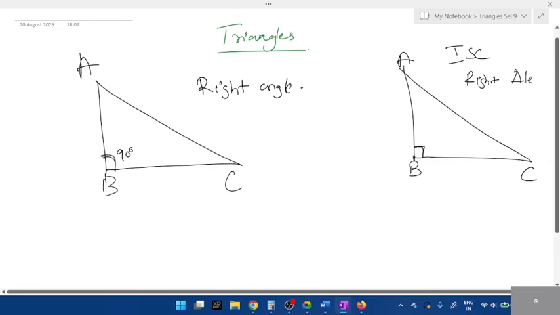So what do you mean by isosceles right angle triangle, students? If one is 90, the sides which are touching this 90 degree, these two will be equal. If this is 5, this also will be 5. If any two sides are equal, what do you call them? Isosceles, right? So with 90 degrees, definitely these two angles will be 45 and 45 degrees. Make a note of this. Right angle and isosceles right angle.